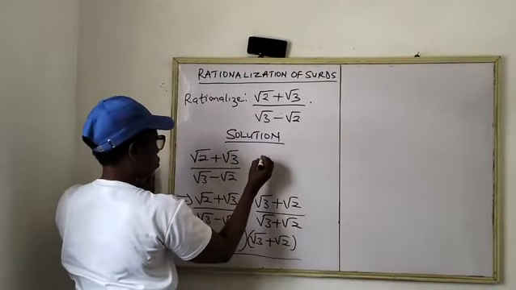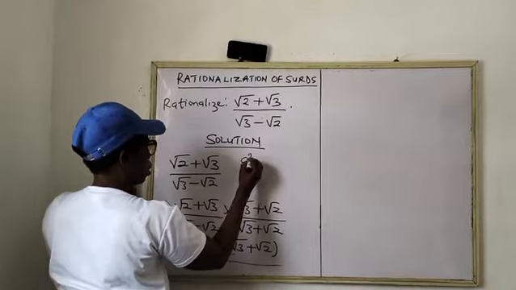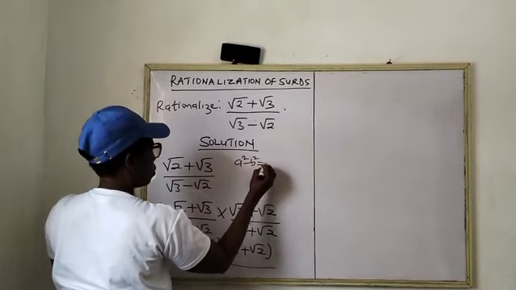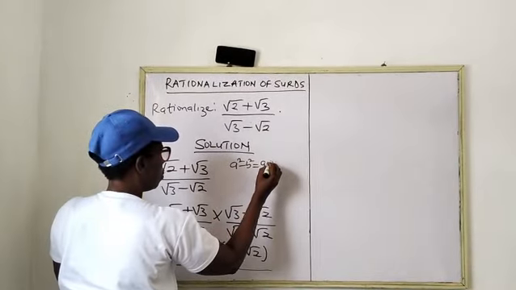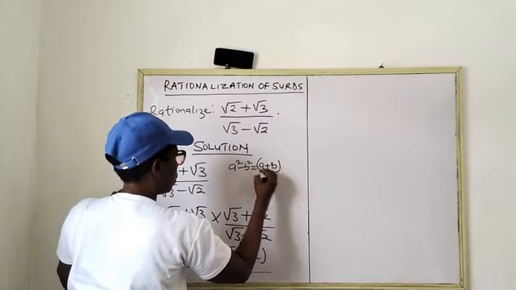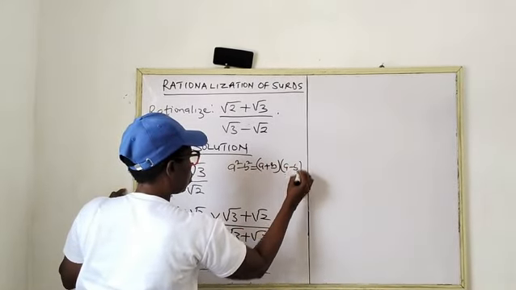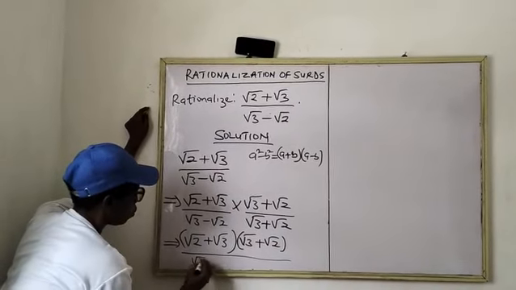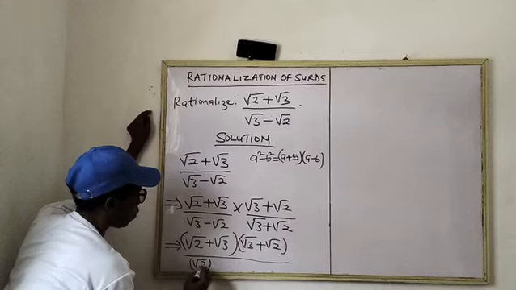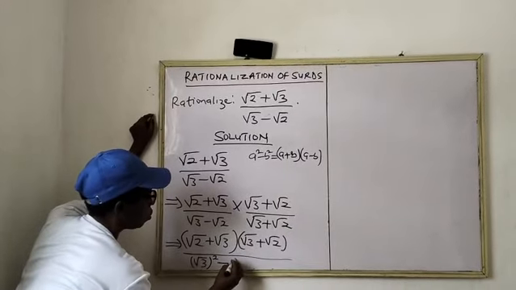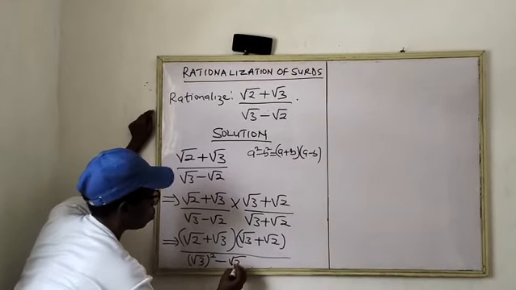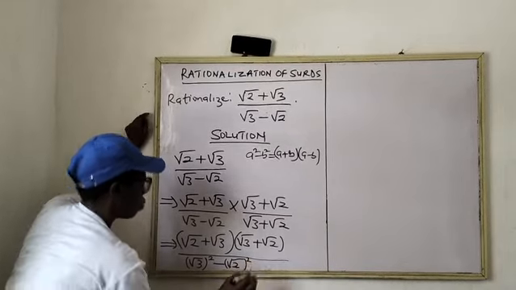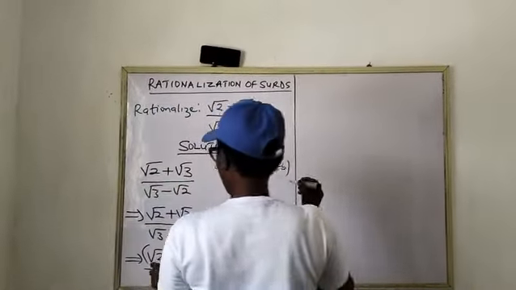Note, when you have a squared minus b squared, it is the same thing as a plus b times a minus b. So we are going to apply this to the denominator. That means we have root 3 raised to the power 2 minus root 2 raised to the power 2.